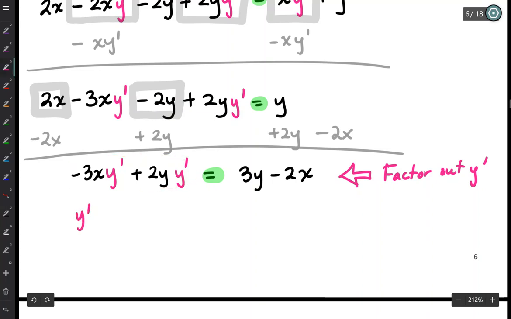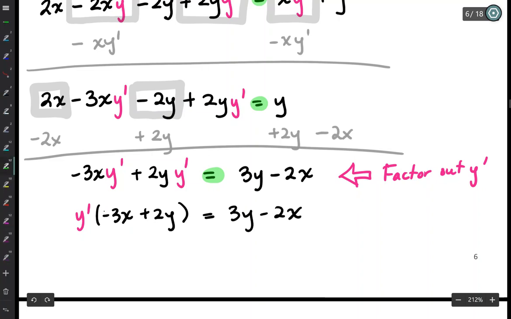Y prime times a minus 3x plus 2y. Beautiful. Y prime times a minus 3x is y prime times a minus 3x, and y prime times a positive 2y is positive 2y prime.